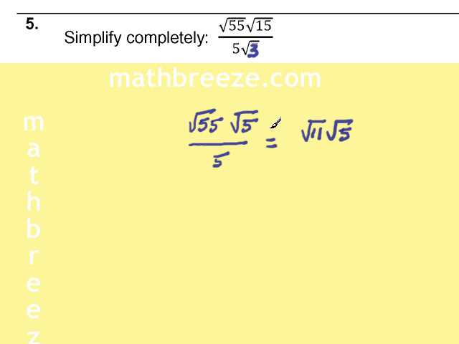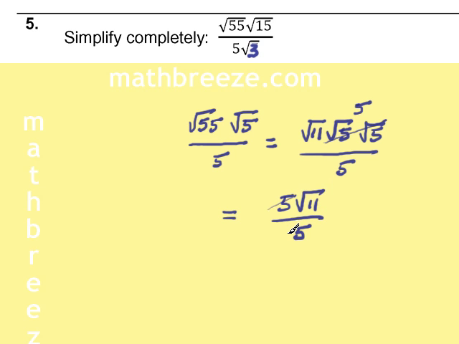And now let's copy over this square root 5 next to it. Square root 5 times square root 5, if we multiply that, we just get 5. So we have 5 times square root 11 over 5, and divide top and bottom by 5, and this is equal to square root 11.